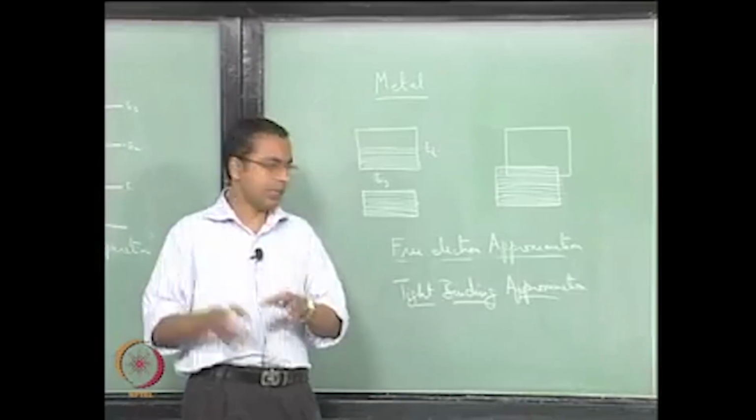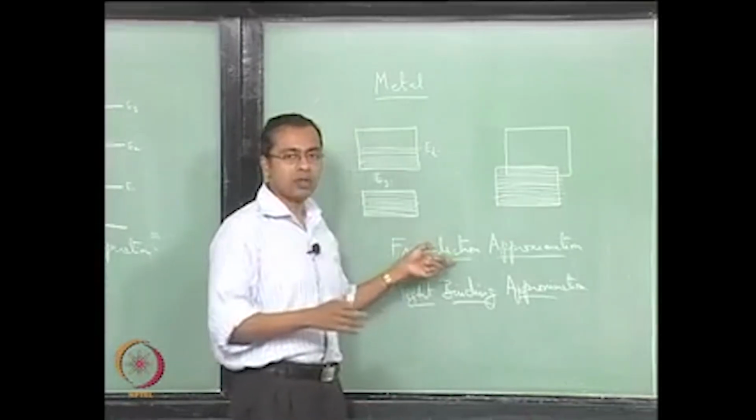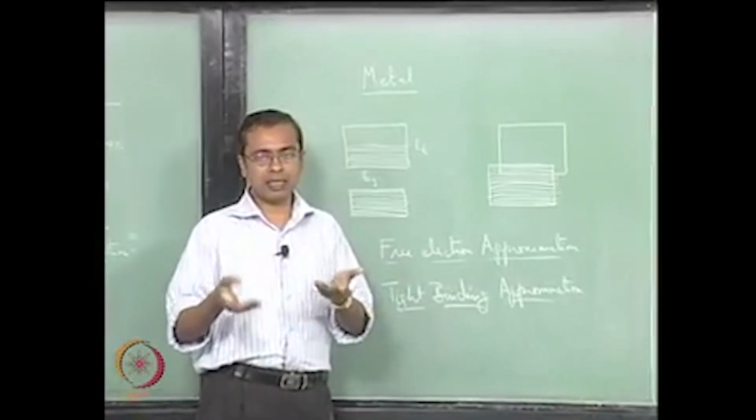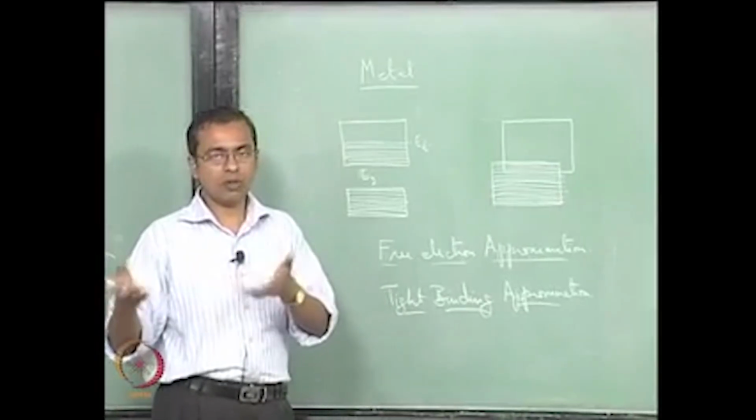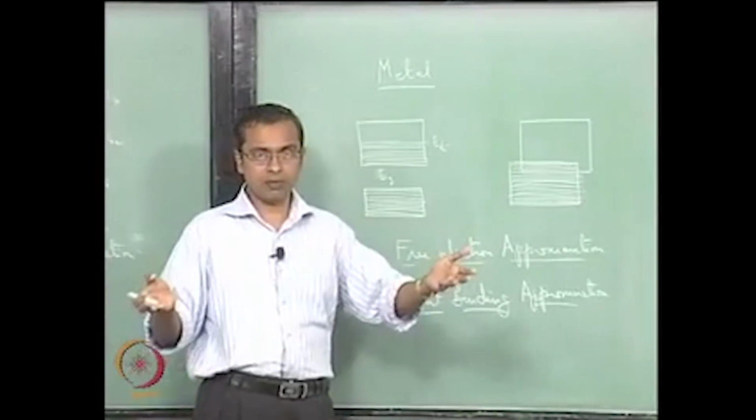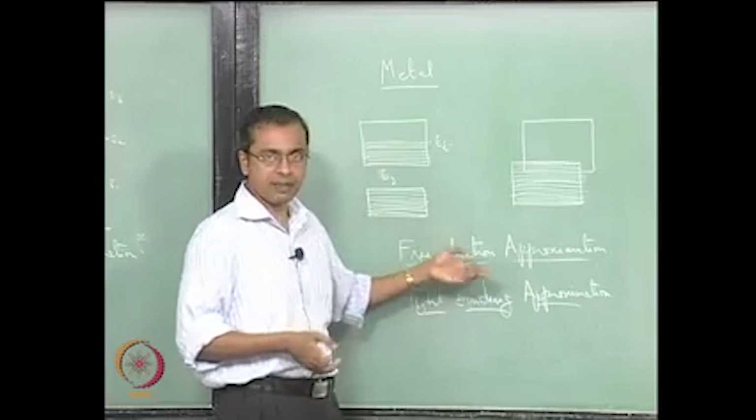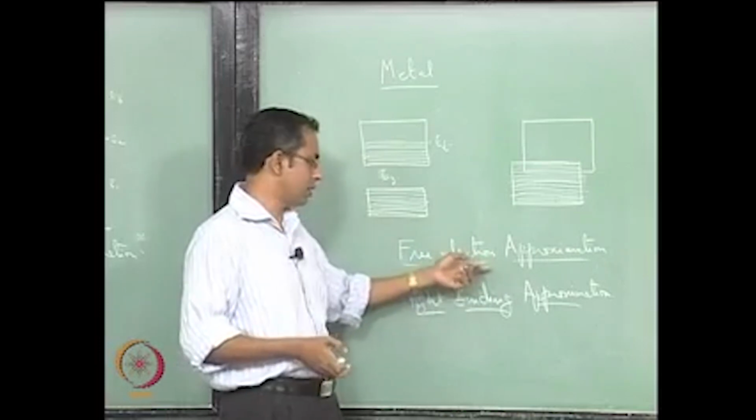So that is a good starting point for a metal. Therefore the free electron approximation is generally what is looked at in greater detail when you talk of metallic systems, which is a very large part of your periodic table, and that is why we have spent so much time on the free electron approximation.